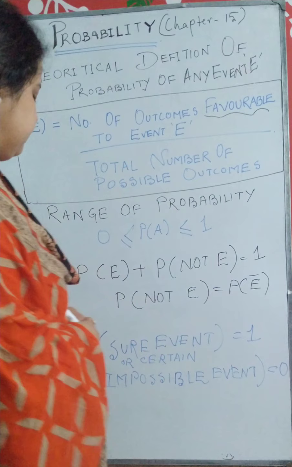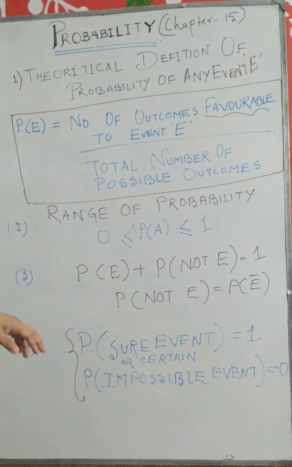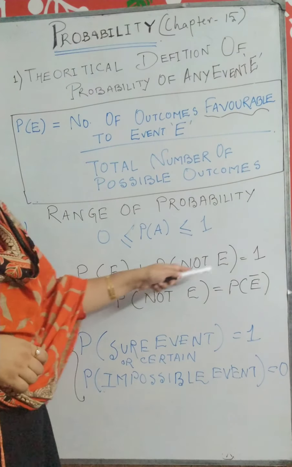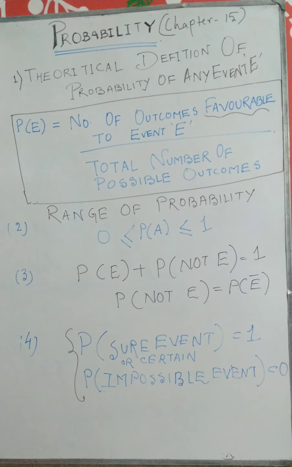As you can see, probability of E plus probability of not E is 1.